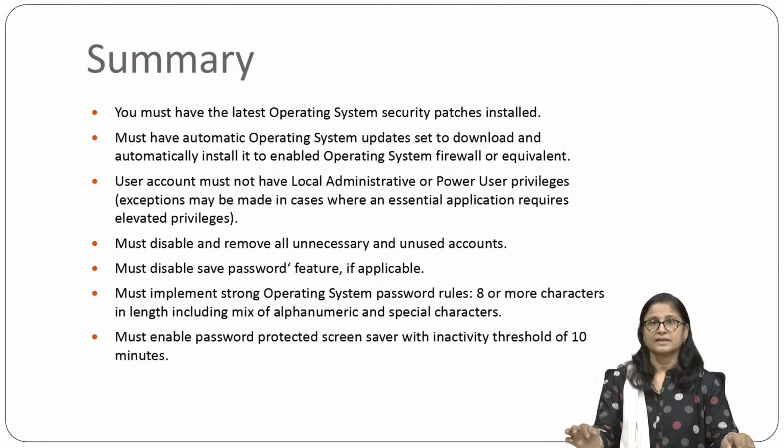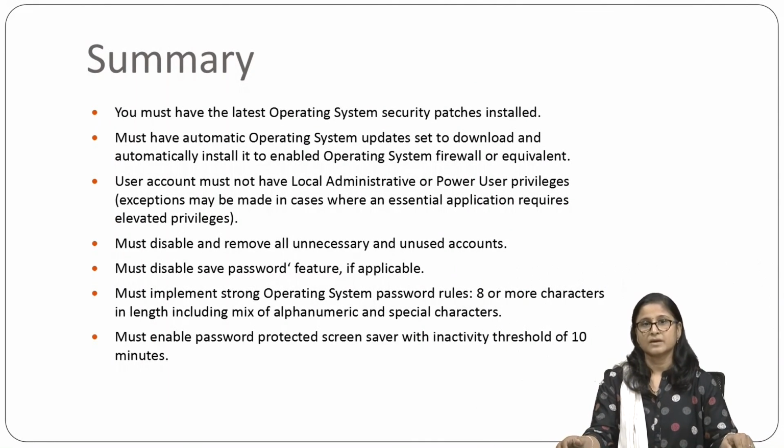Now at the end I would like to summarize this unit. You should always remember the following tips. To secure a desktop, you must have the latest operating system security patches installed on your PC.